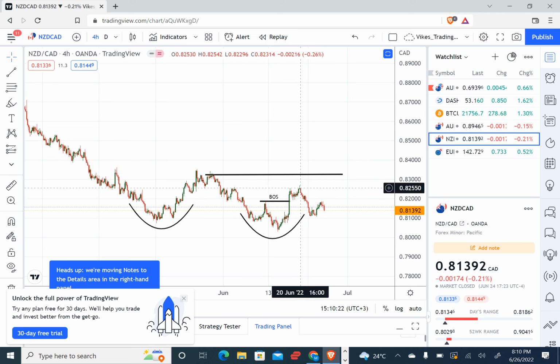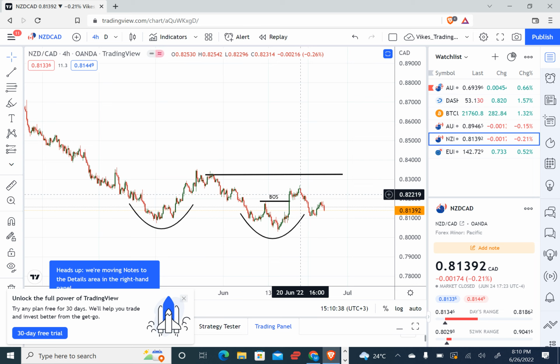You can see. Then price has started retracing. So I gave another setup around here. Once price breaks the new high, I'll be looking for areas of interest to scale into my trade.